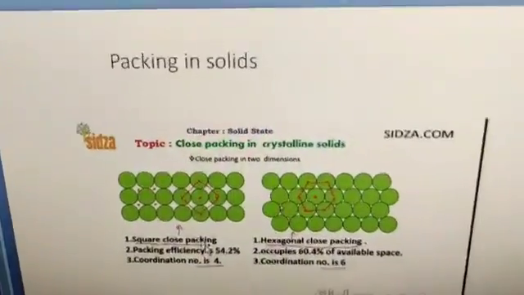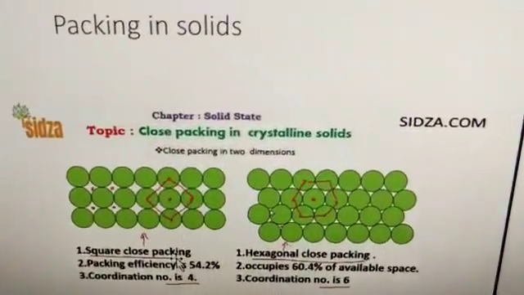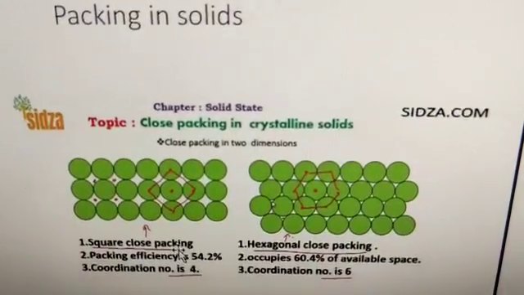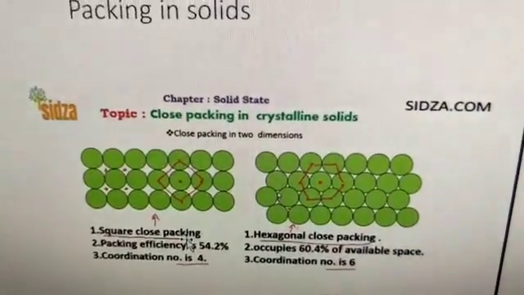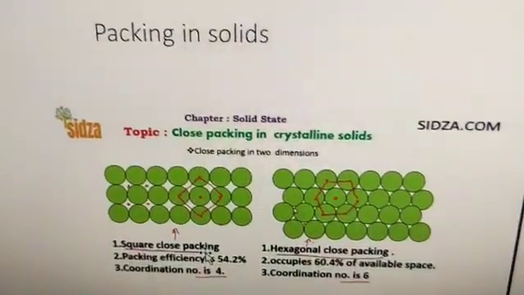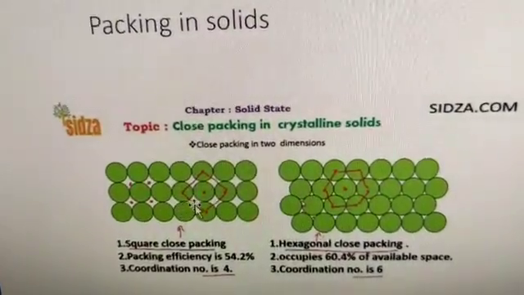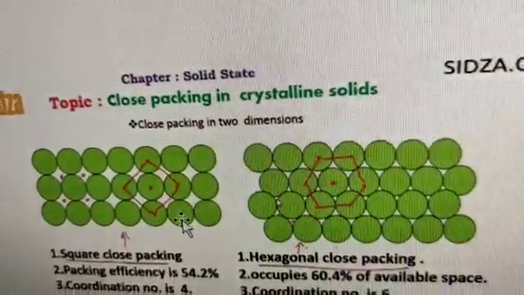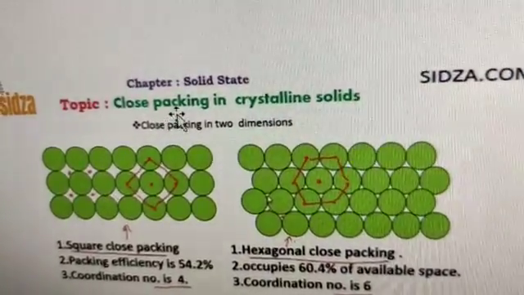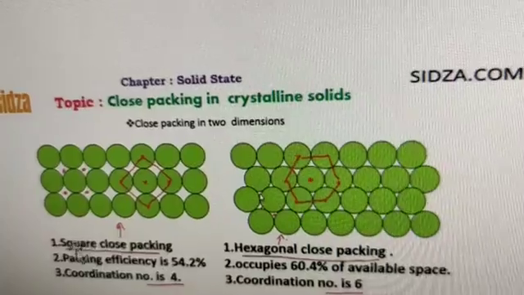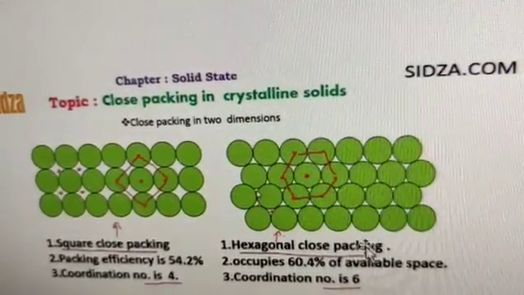Now see the next concept, that is the packing in the solids. In the case of packing of the solids, packing means what? The arrangement of the atoms, ions or molecules, how the atoms, ions or molecules are packed inside the crystal. Simply, two types are given, that is the square close packing and hexagonal close packing.